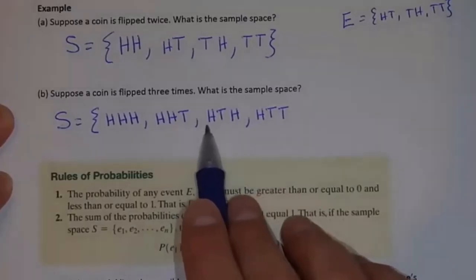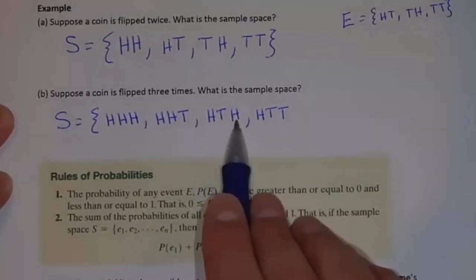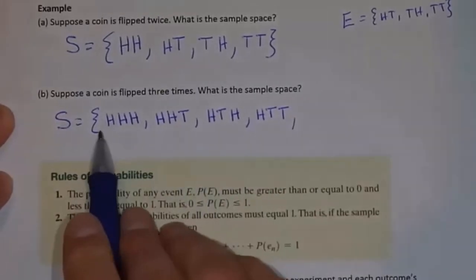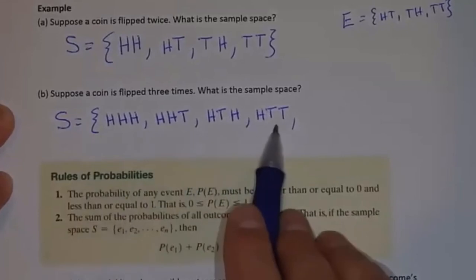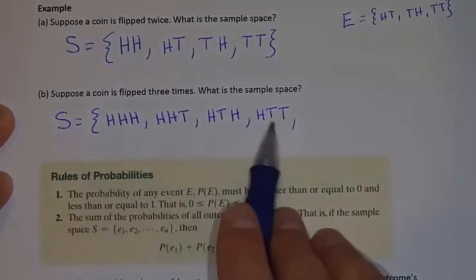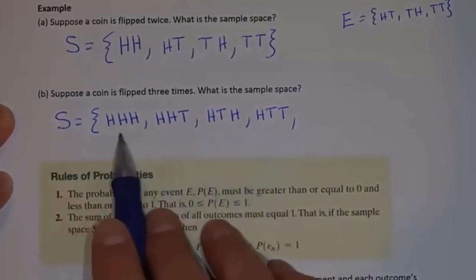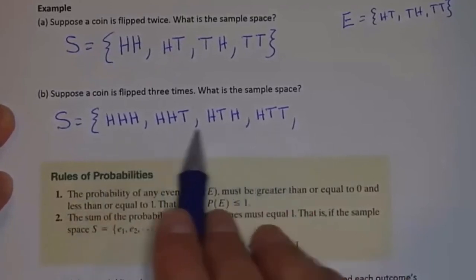Again, if it's heads, tails, then I could either have heads or tails on the third flip. Those are the only 2 possibilities. Now, incidentally, these 4 outcomes are the only 4 outcomes possible if I get heads on the first flip. So if I get heads on the first flip, it's got to be one of these 4 things.